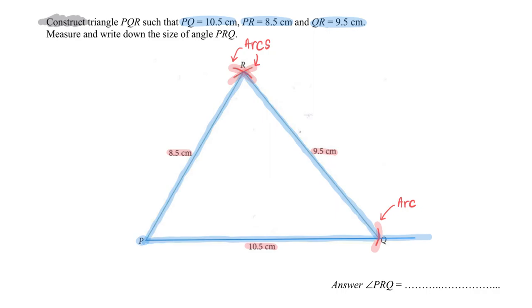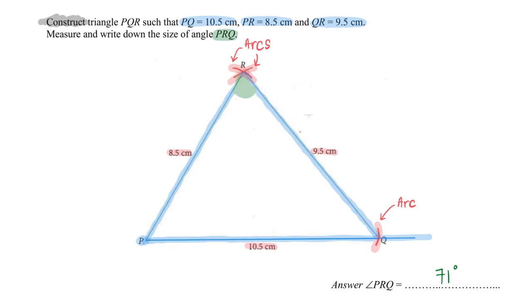Well, the next question here is to measure and write down the size of PRQ, which is this angle here. And for this particular question, do use a protractor to measure. You should get 71 degrees. So a quick recap.